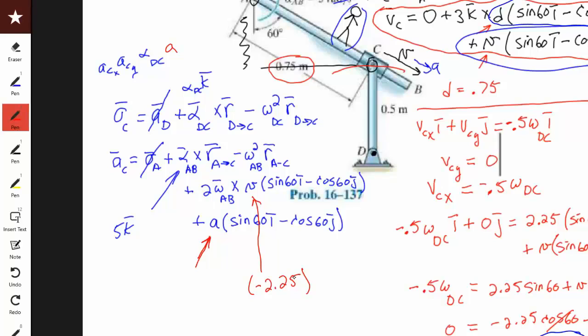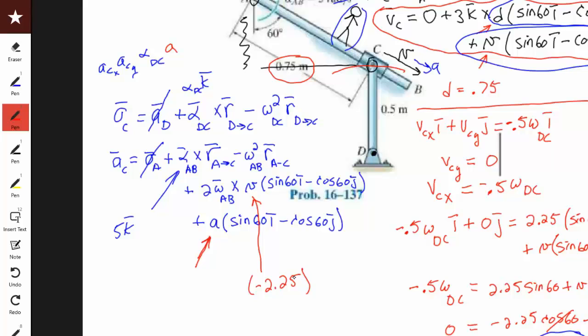And so what am I going to do? I'm going to take the top equation just like I did before. I'm going to say that's ACX, ACY, and then I'm going to pull off the i's equal to the i's, the j's equal to the j's. I'm going to do the same thing for the second equation, another i equal i, another j equal j. So I'm going to have 4 equations and 4 unknowns.